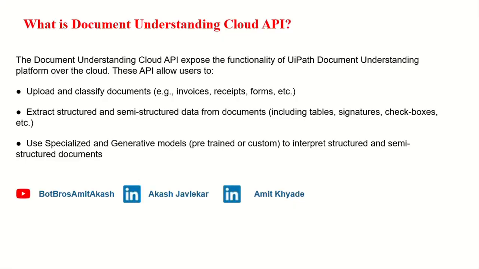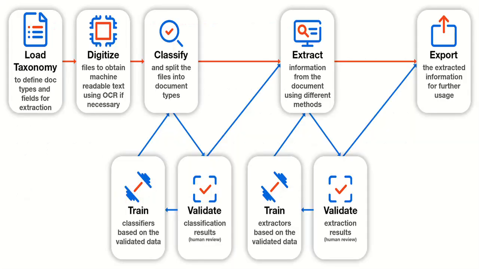Before diving into the Document Understanding Cloud API, let's understand how Document Understanding works and what its components are. First, we need to define the taxonomy, where we define the document types and fields which we want to extract from the document. Then we need to digitize the document using OCR. Then we classify the documents, whether they are invoices, receipts or other document types, using different classifiers like the intelligent keyword classifier.